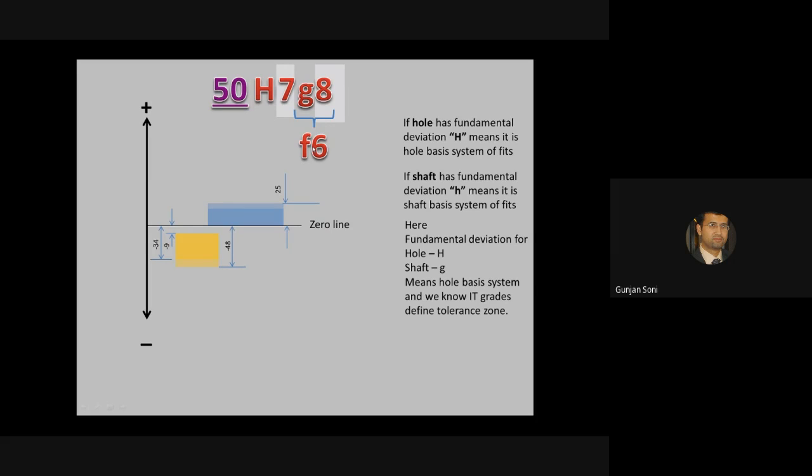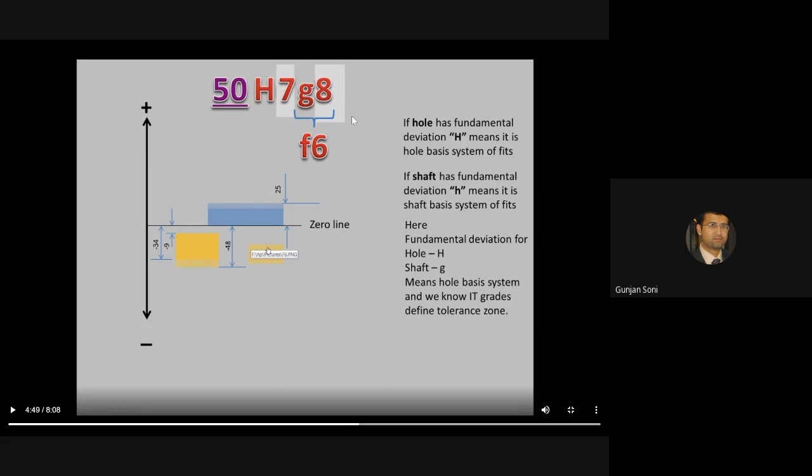Suppose now for shaft we are changing directly the fundamental deviation. In place of G it is F. What happens? Now its upper limit also has changed. You can see here. So if you are keeping the same alphabet, that means your upper deviation gets fixed in case of shaft.